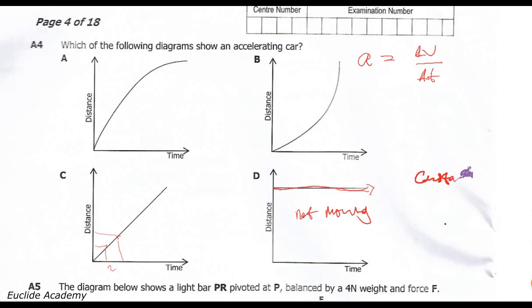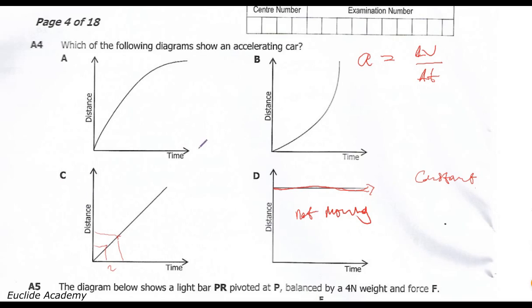Now remember, we are saying acceleration is the rate of change of velocity. Now if it is constant, do we have any change? Constant means there's no change. So there's no change here in velocity. That means this car is not really accelerating, it's just moving at a constant speed.